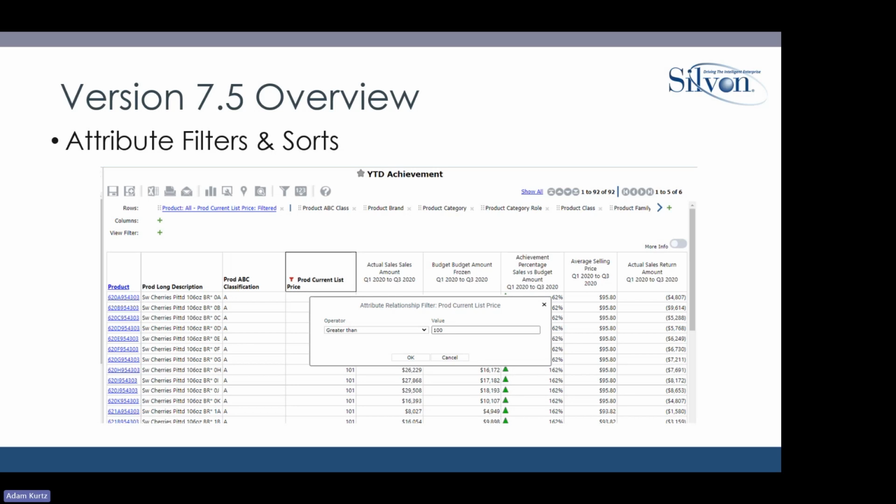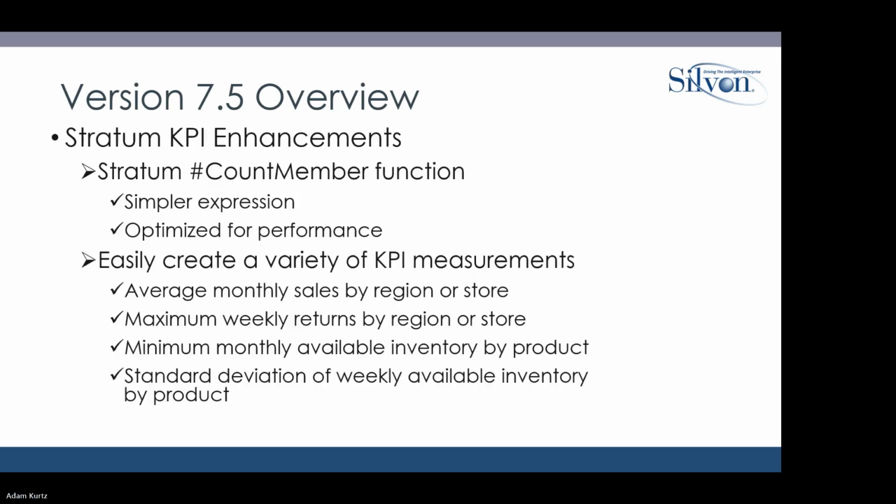So now you can use this function, which simplifies the syntax and makes it much easier for users to define. And not to mention, it's been optimized for performance so that users don't have to worry about additional syntax to make sure that it doesn't grind the server to a halt.